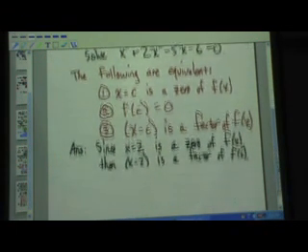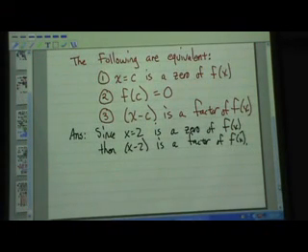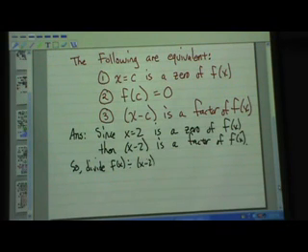To be a factor means that you divide into it evenly with a remainder of 0. When you know a factor, start dividing. We're going to divide this function by x minus 2 and see what happens.